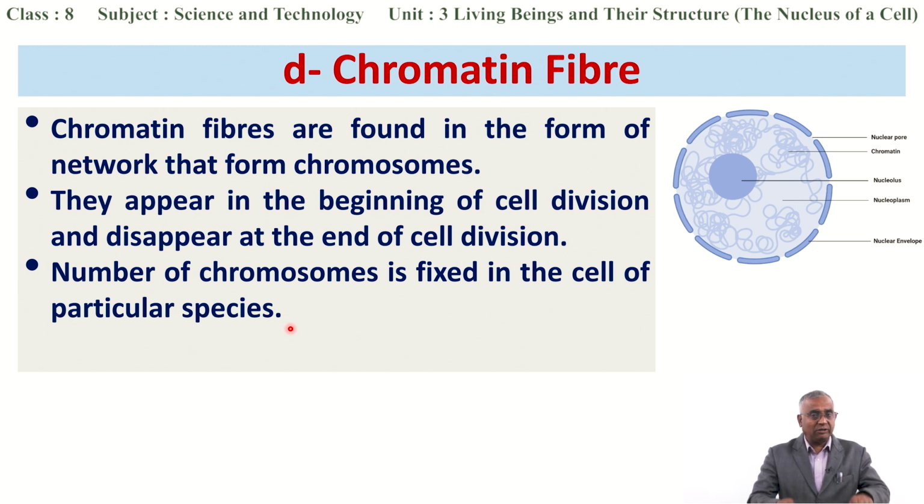Like that, different organisms have different numbers of chromosomes. It does not mean that if the number of chromosomes is more, then more characteristics will be there. No. In fact, it depends on how many genes are carried by the chromosomes. Sometimes even one pair of chromosomes can control all the characteristics passed from the parents to the offspring.